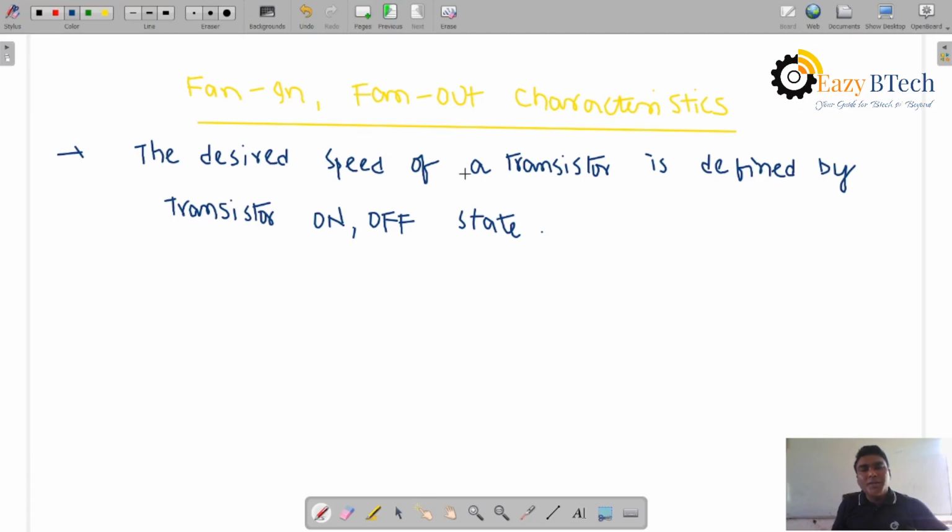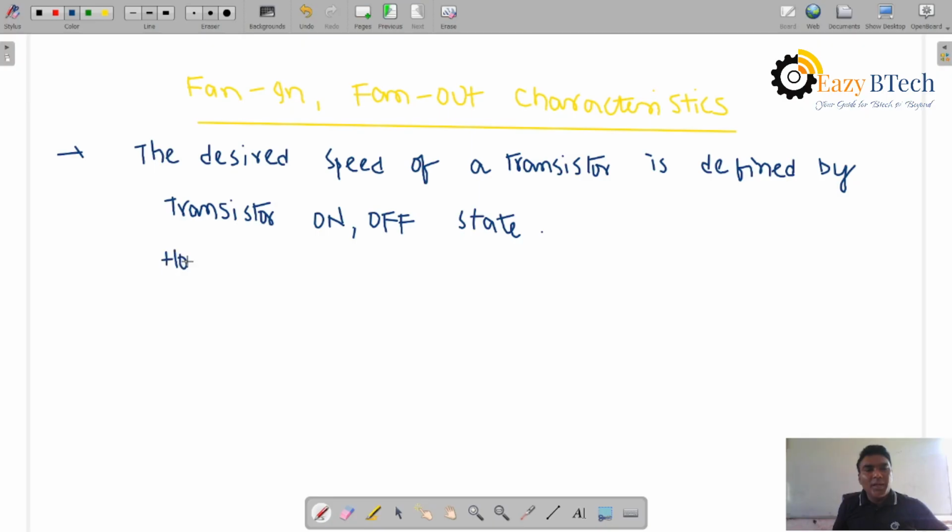So the desired speed of a transistor is defined by when the transistor is on and when it is off, when an input signal is applied to the gate, and how quickly the output responds.